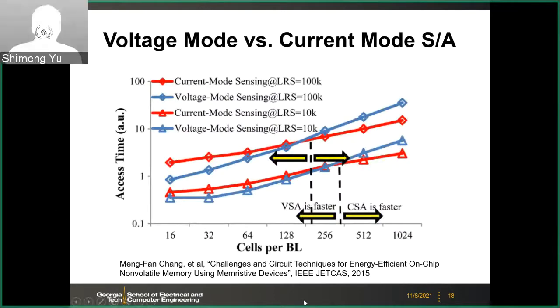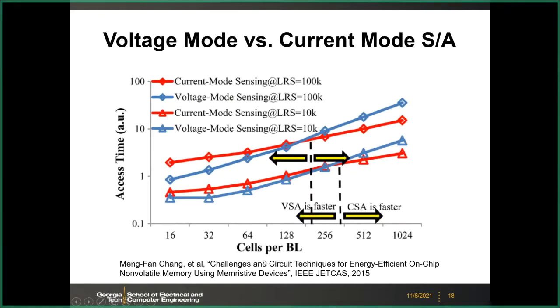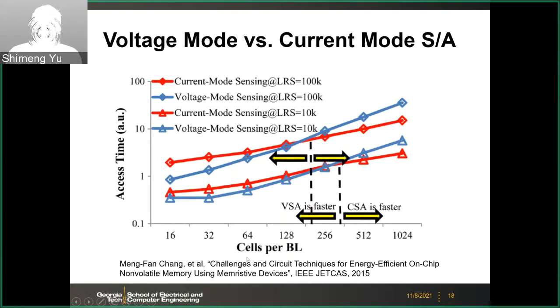All right, so this paper also compares voltage mode versus current mode in different settings, depending on the low resistance state resistance, the LRS resistance, and also the array size, the number of cells per bit line, let's say 16 up to 1,000 cells along the bit line. You see here, this is from the SPICE simulation.